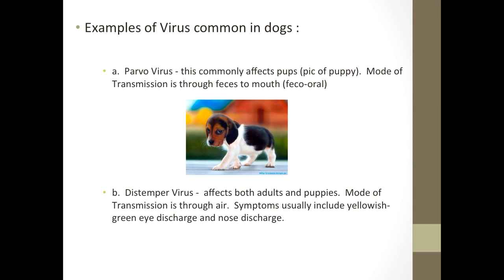All right. Now, what would be the time frame if, let's say, a household had a puppy that was infected with parvo? The recommendation that you would give or advise a client is that you don't get another puppy.